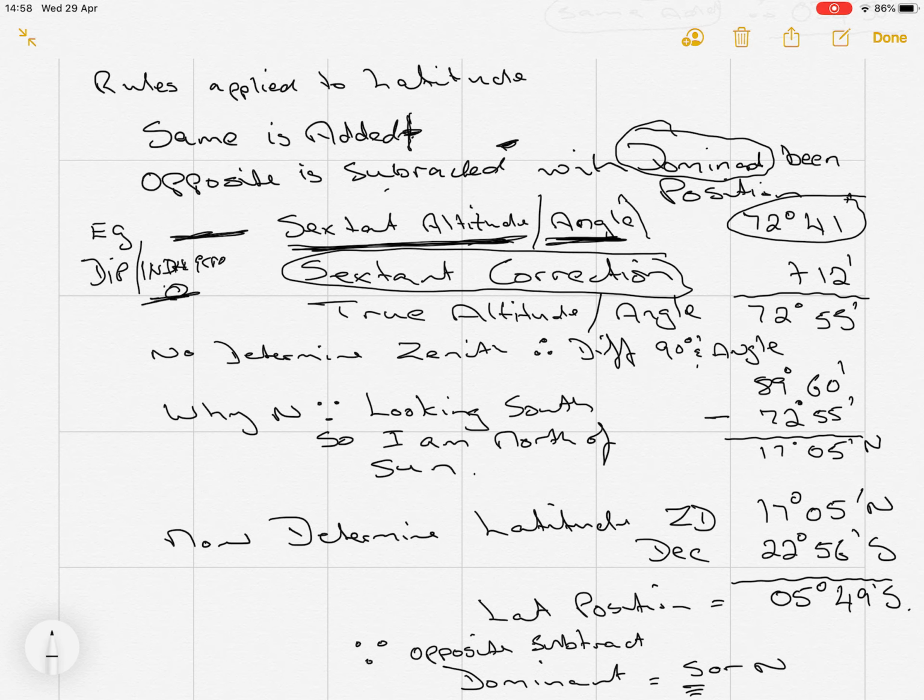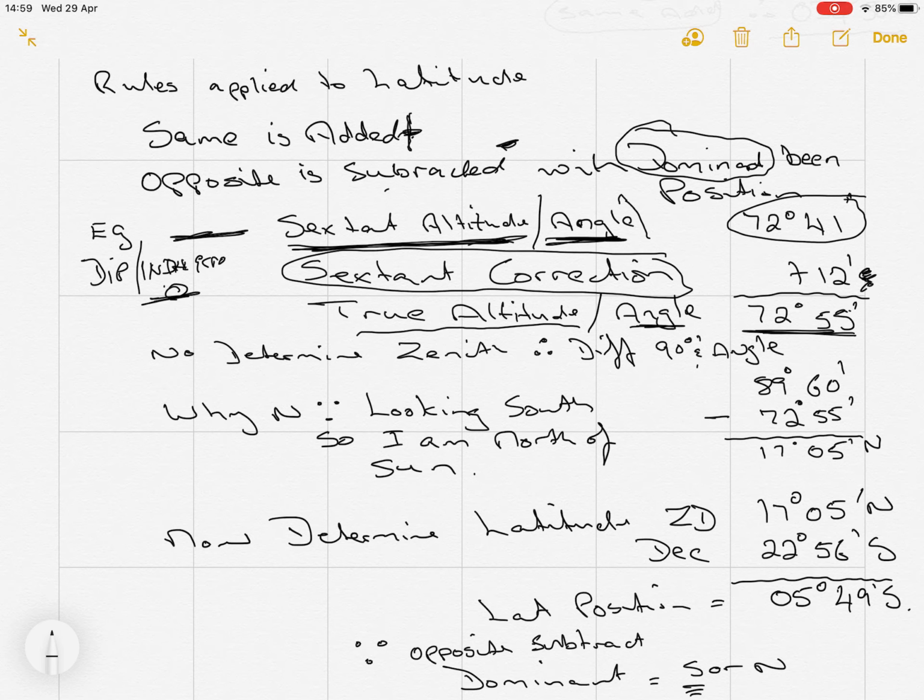So what we've done here is we've just assumed a constant of 12 because we're talking about sailing vessels, all being about the same height off the deck, and not really being a big difference. So we kind of rounded it off for the Perpetual Almanac. So my true altitude or angle is 72 degrees and 55 minutes.